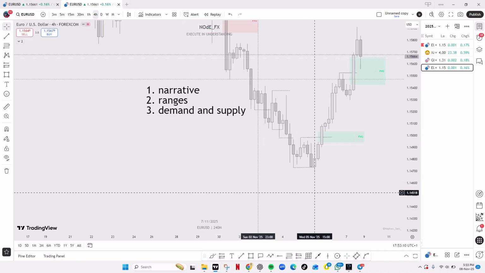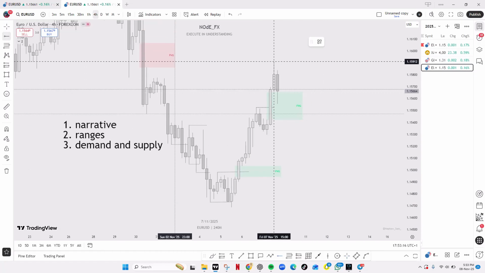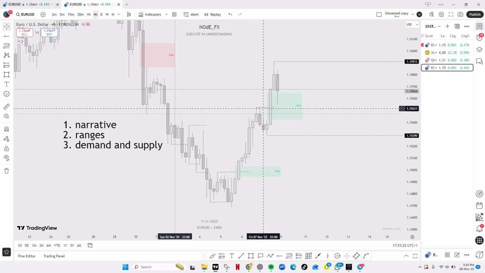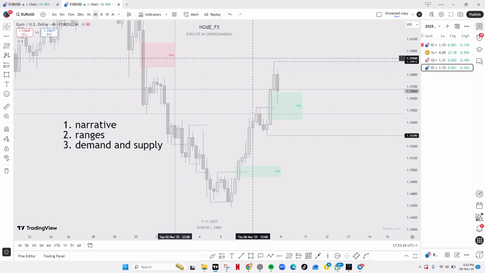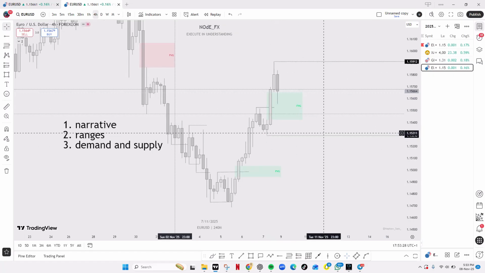Now, in order to see a demand, I'm just going to use this one as a rough example. You can see your range high and your range low here. The narrative is that price has broken structure here, so this is obviously an uptrend, right? That's the narrative, and now we have our ranges. Until price has taken either this high or this low, the range is still valid.